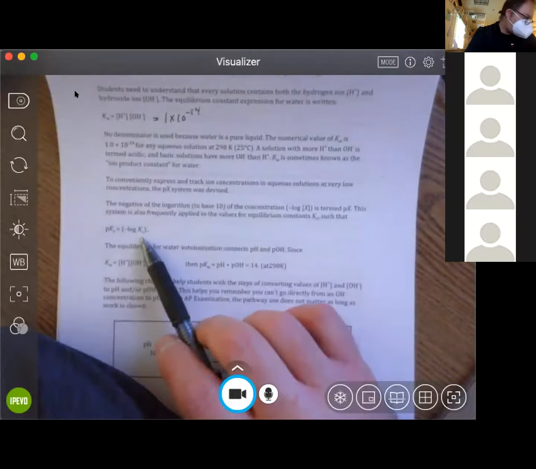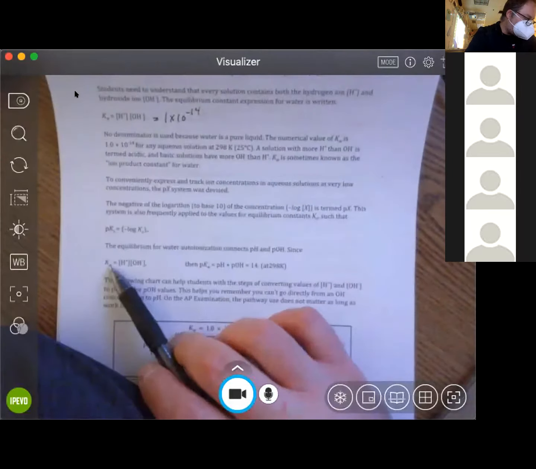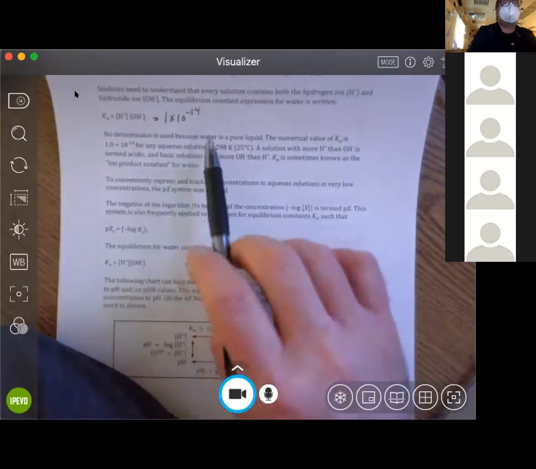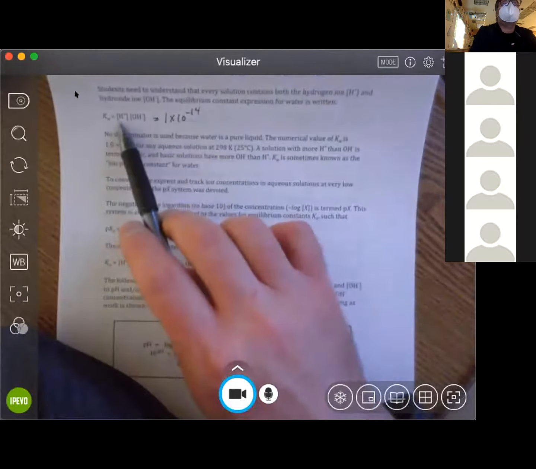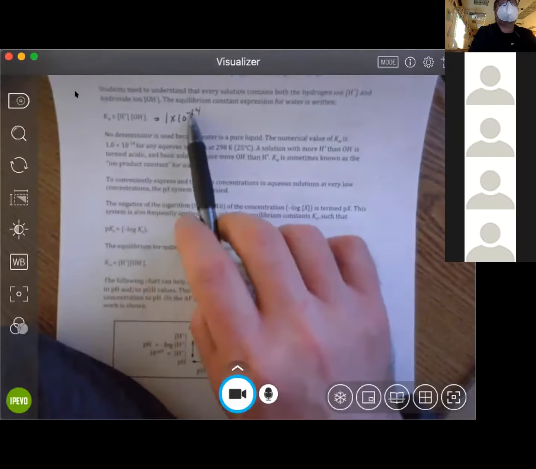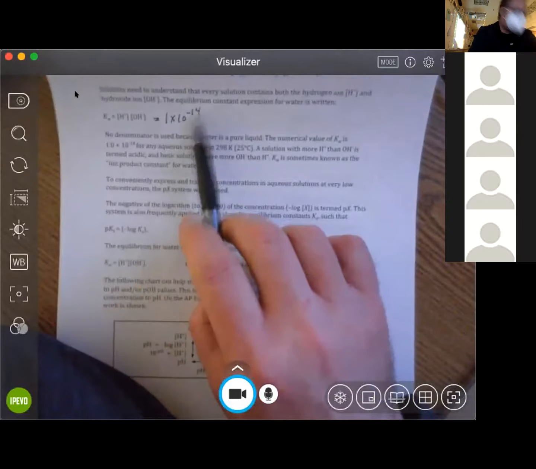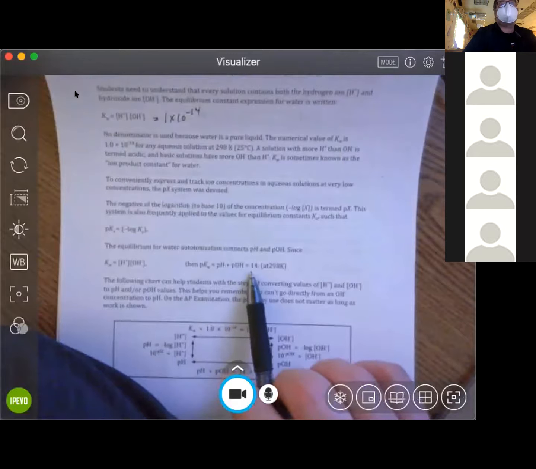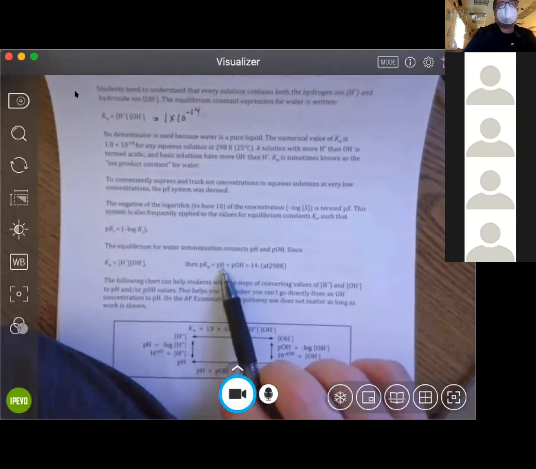pKw allows us to actually see, well, if we have this being part of it and this being part of it as well, and it's times 10 to the negative 14th, if we take the negative log of that, then we can change that so that we're talking about the pH and the pOH.